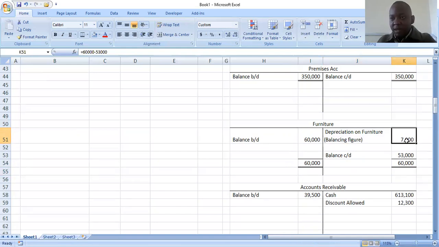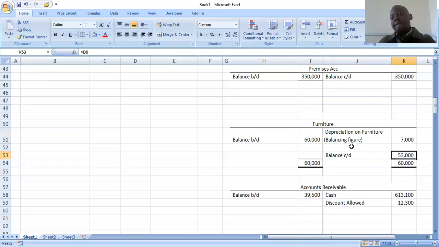This difference in furniture, which signifies a deduction in the value of furniture, we assume has been brought about by depreciation, which has led to the decline in the value of this furniture. It has declined by 7,000 shillings, which can only now be by depreciation because you have not been given any other information.